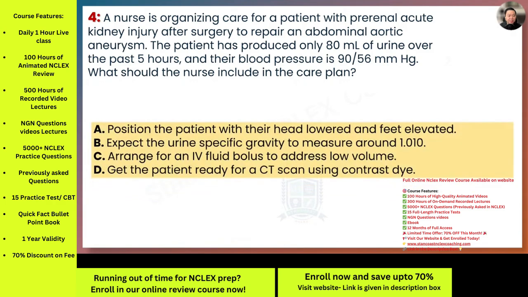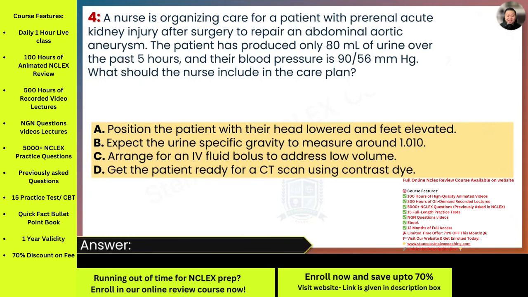Options: A. Position the patient with their head lowered and feet elevated. B. Expect the urine-specific gravity to measure around 1.010. C. Arrange for an IV fluid bolus to address low volume. D. Get the patient ready for a CT scan using contrast dye. The answer is letter C.